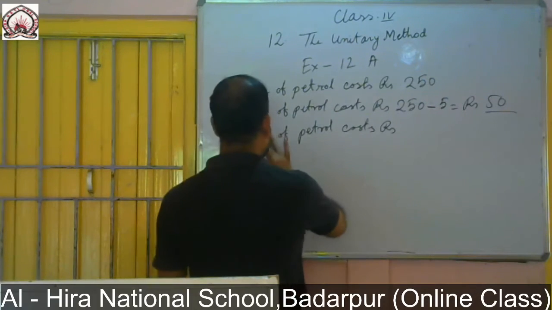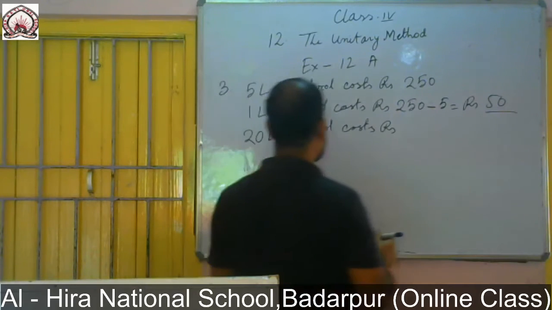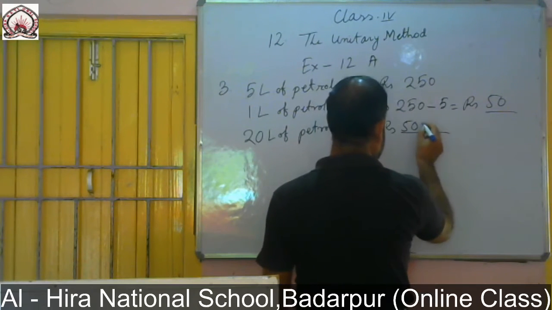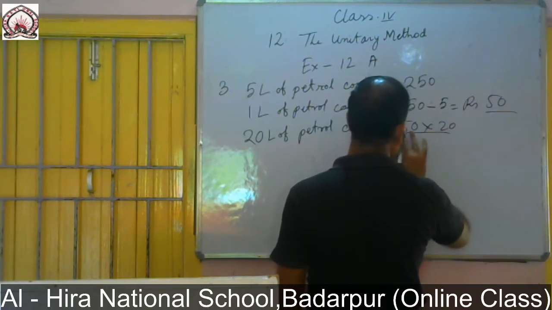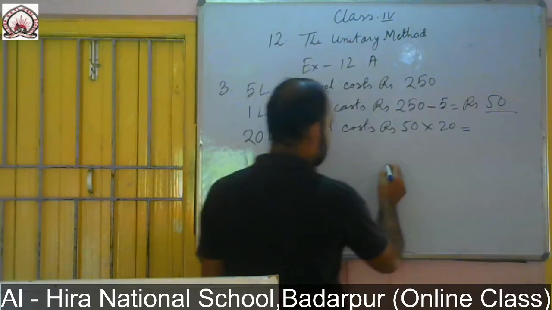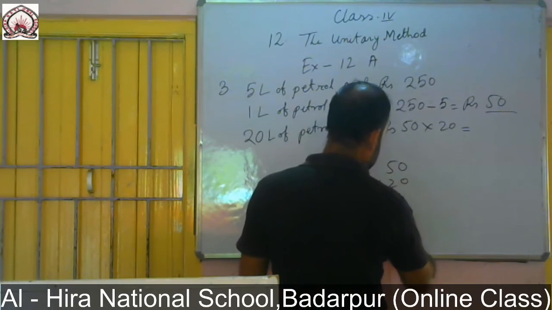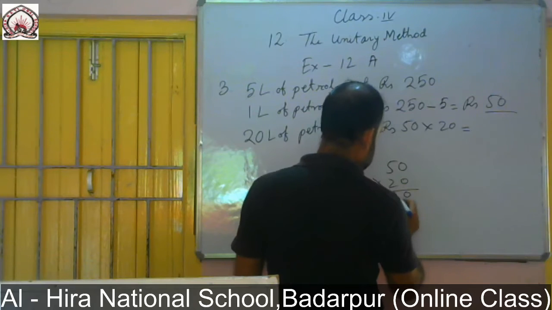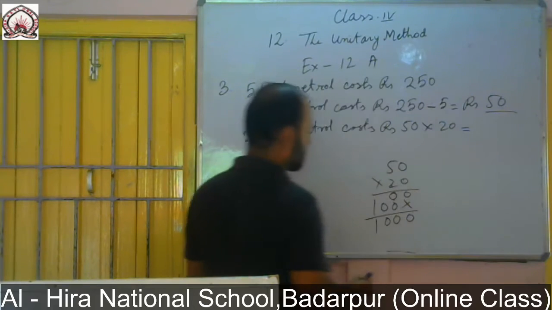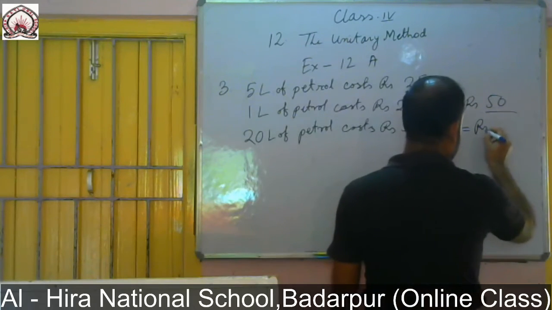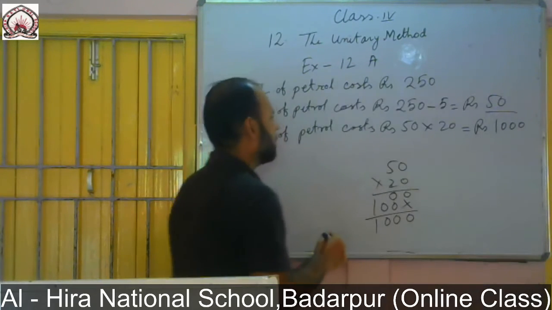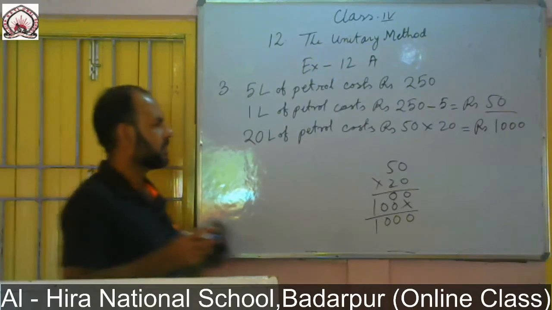So 20 liter of petrol cost is rupees 50 into 20. 50 into 20 equal to 1000 rupees. 20 liter of petrol cost rupees 1000.